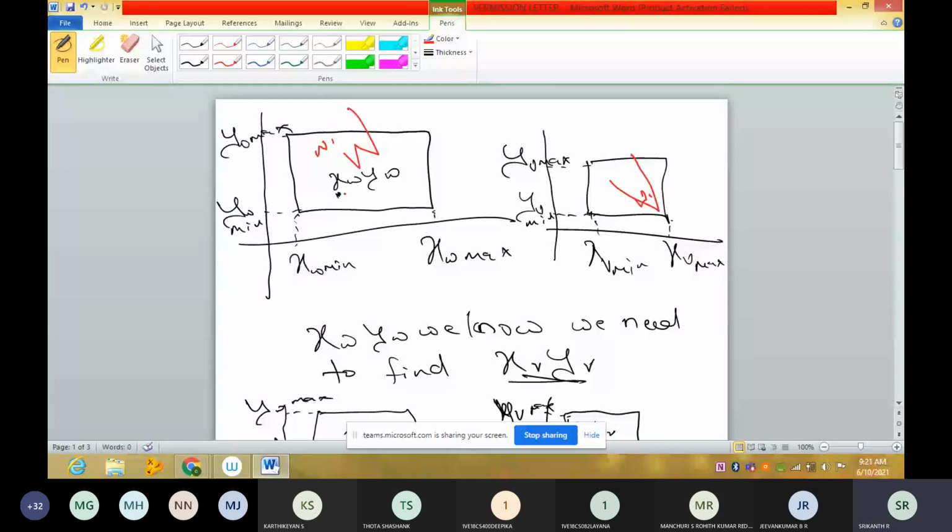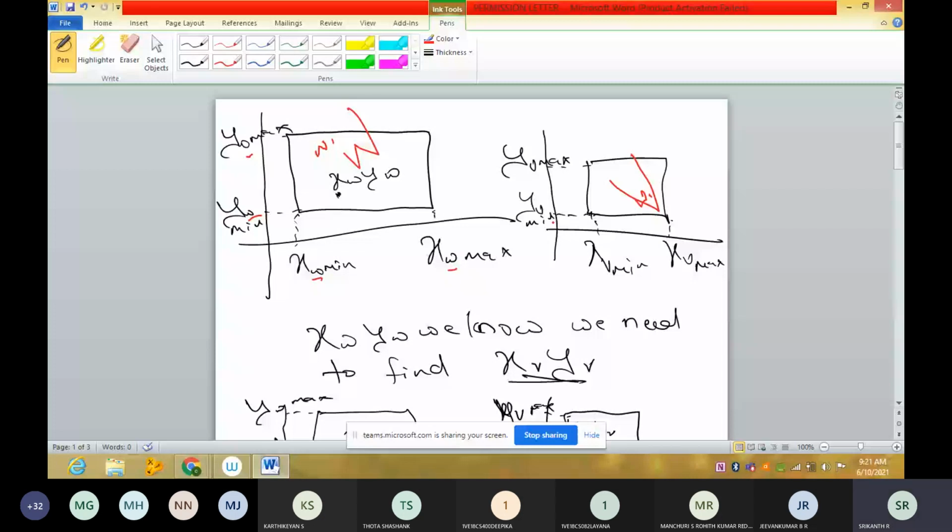So we are going to represent the boundaries of the world window with w. That is, the boundaries of the window are xw minimum, yw minimum, xw maximum, yw maximum, and here if you come here, xv minimum, xv maximum, yv minimum, and yv maximum.